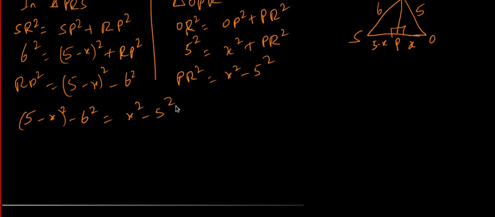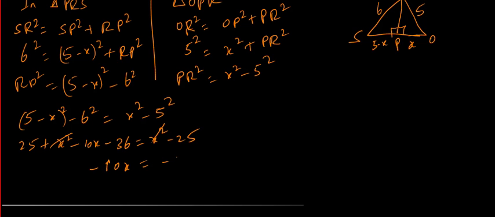Let me simplify now and expand this bracket also. So 5 square is 25 plus x square minus 2 fives are 10x, minus 6 square becomes 36, is equal to x square minus 25. This positive x square on both sides will get cancelled and the remaining will be minus 10x equal to minus 25 plus 36 minus 25.